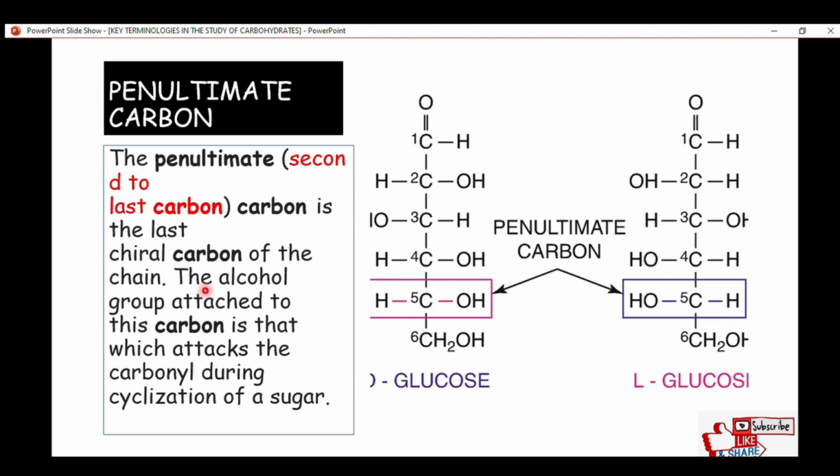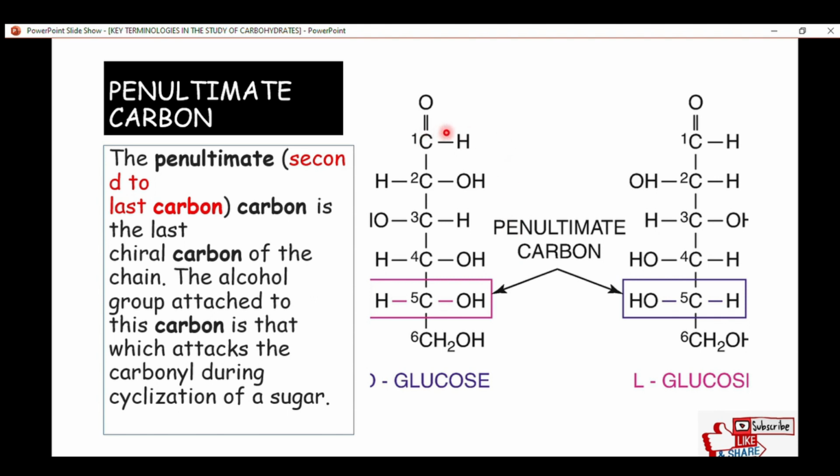The alcohol group attached to this carbon is the one that attacks the carbonyl group during cyclization of the sugar. As I said earlier, this cyclization reaction leads to the formation of a Haworth projection. To convert a Fischer projection to a Haworth projection, there has to be a cyclization reaction between the OH group at the penultimate carbon and the functional group of the aldehyde.